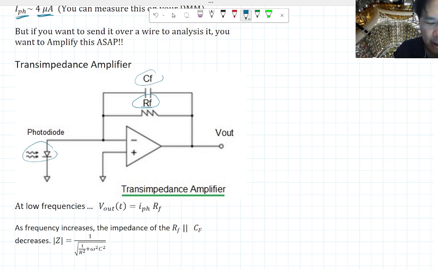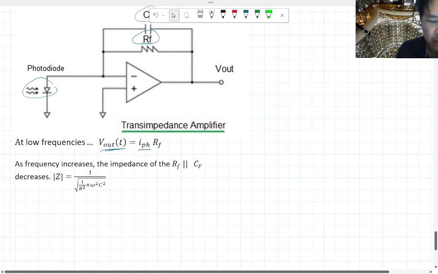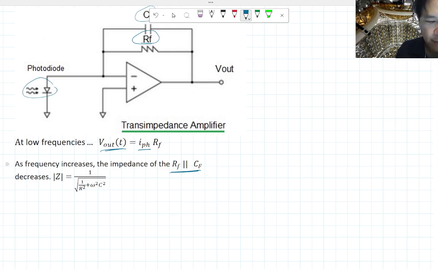At low frequency, the capacitor is an open, so you get the current that you're generating times RF. As frequency increases, these two are in parallel with each other, and this basically becomes a little low pass filter, and the Z decreases.